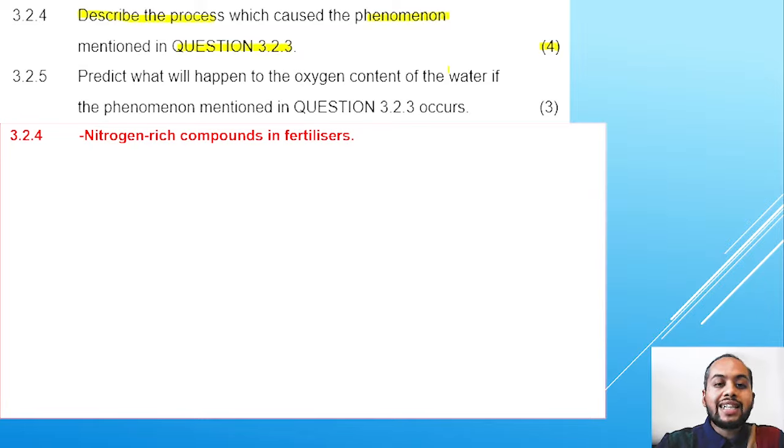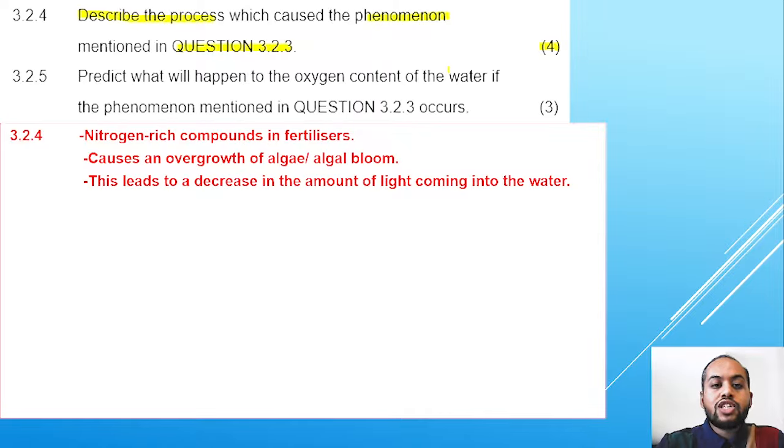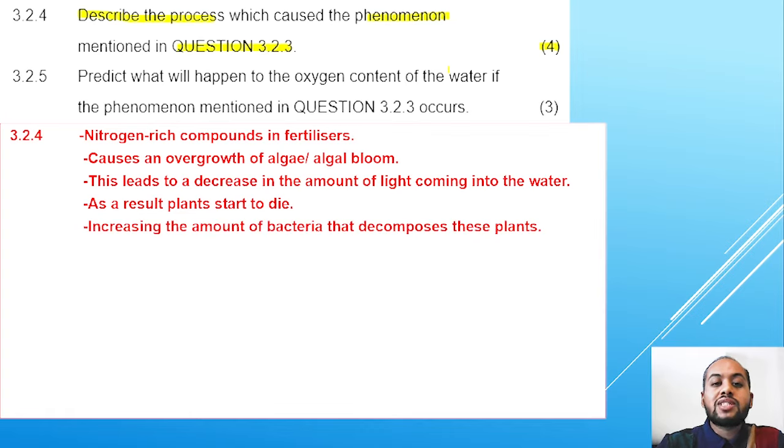So firstly, nitrogen-rich compounds in fertilizers are going to blow with the use of the wind and land themselves inside a river, lake, dam or ocean. It's going to cause the formation of algae or algal bloom, which will decrease the amount of light coming into the water. As a result, the plants are going to die out because the rate of photosynthesis will slow down.